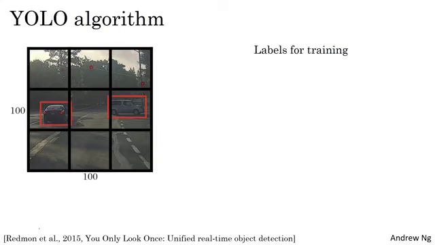So to be more concrete, here's how you define the labels you use for training. For each of the 9 grid cells, you would specify a label Y, where the label Y is this 8-dimensional vector, same as you saw previously.